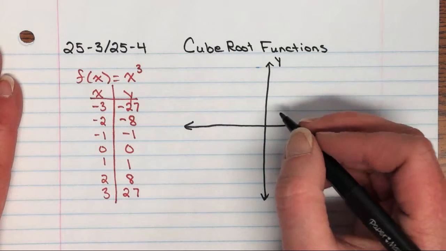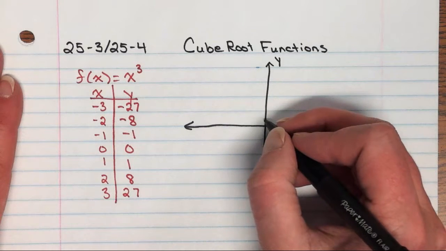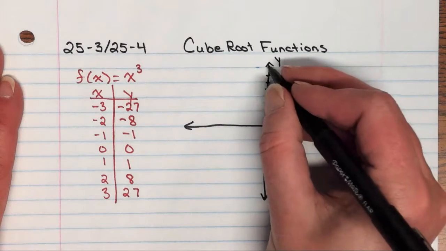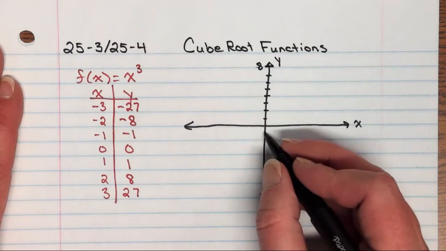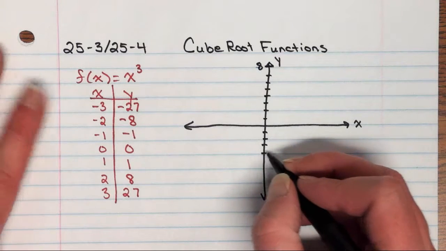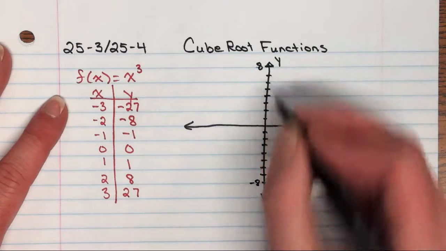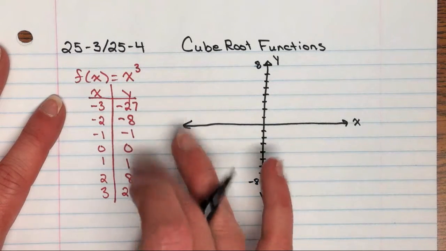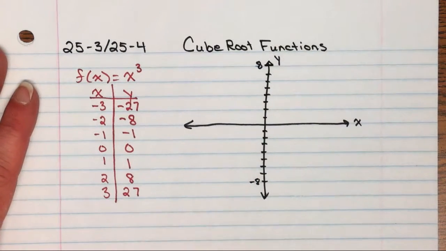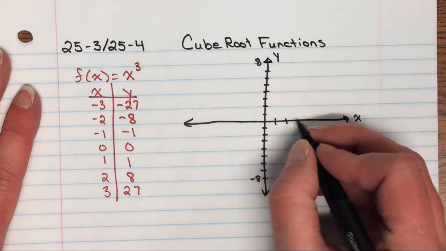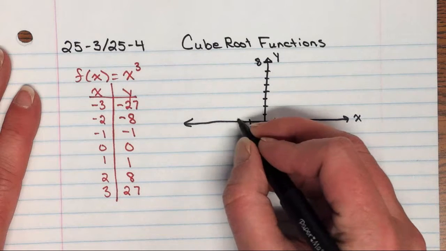We need to get all the way to 8, huh? 1, 2, 3, 4, 5, 6, 7, 8. So there's -8 and a +8 for our y's. I'll just graph these because 27 is really far out there. 1, 2, 3.